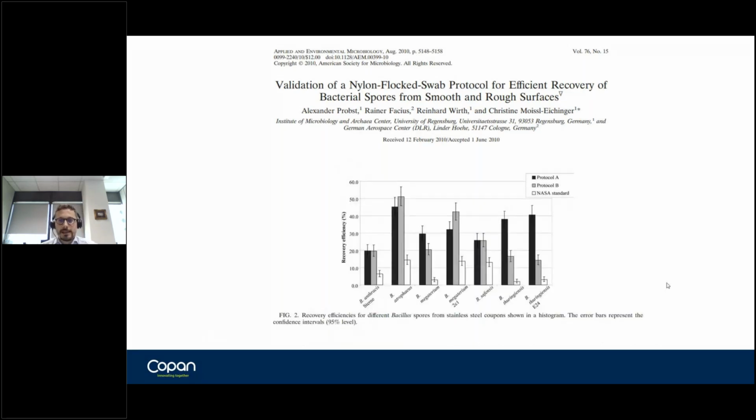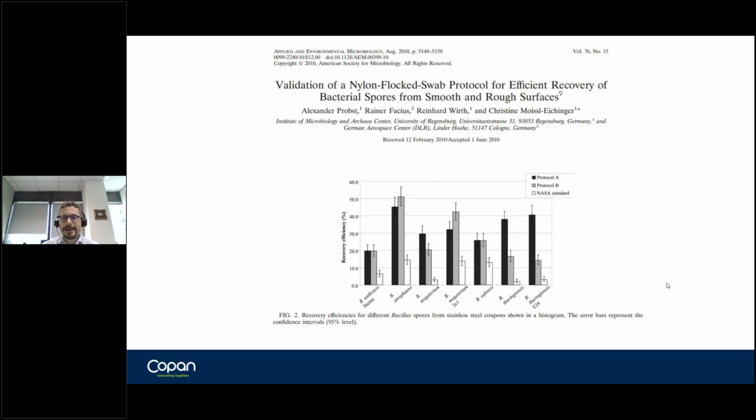And clearly, there is also a huge effect on the performance, shown in the same paper. The two black and gray bars are the recovery efficiencies, in this case on Bacillus spores. This was compared to standard cotton swabs, which are the white bar. And you can see the amount of sample that can be recovered is at least twice that of the standard swab.